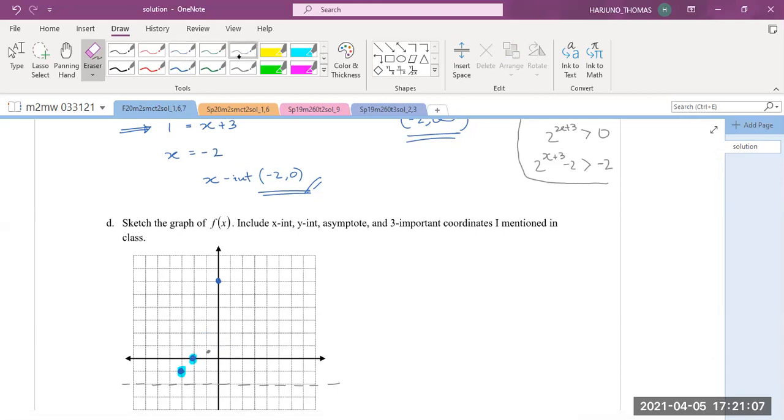And this guy here, 3 to the left, 2 down, so it should end up there. Now we have the x-intercept, y-intercept, and 3 important coordinates, then I can graph this. So it will look approximately like this.